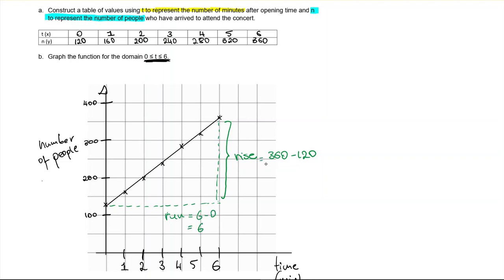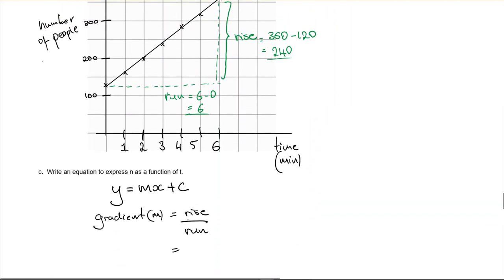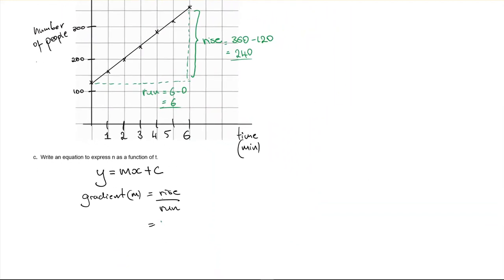I forgot to do that, so the rise is 240. So the gradient is rise over run, which is 240 divided by 6, and that is just 40. So gradient m is 40.